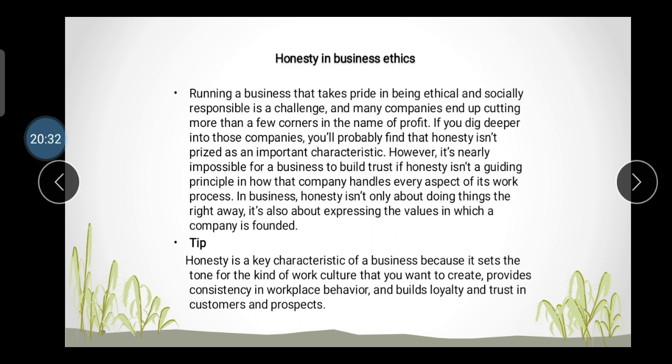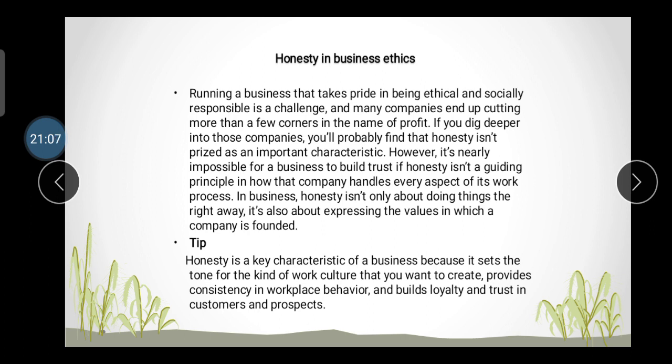Running a business that takes pride in being an ethical and socially responsible one is a challenge, and maybe a company ends up cutting more than a few corners in the name of profit. If you dig deeper into your company, you will probably find that honesty isn't as prominent a characteristic. However, it is nearly impossible for a business to build trust without it. Honesty should be a guiding principle in how your company handles every aspect of its work and process.